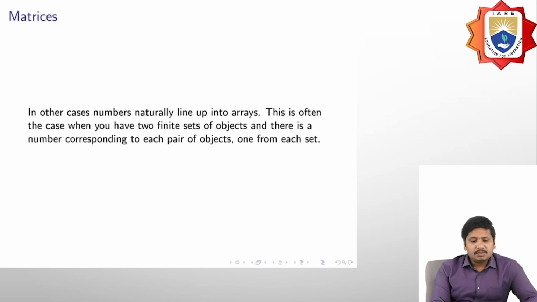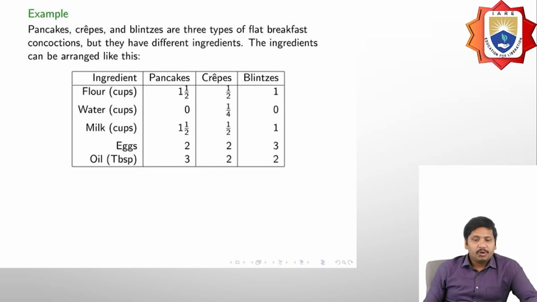So matrices. In other cases, the numbers naturally lie in arrays. So this is often used to keep track of a number of objects, and there should be a corresponding number for each pair of objects. Suppose we have an example like this: pancakes, crepes, and so on. These are the types of breakfast, and the ingredients are arranged like this: flour, water, milk, eggs, and oil.